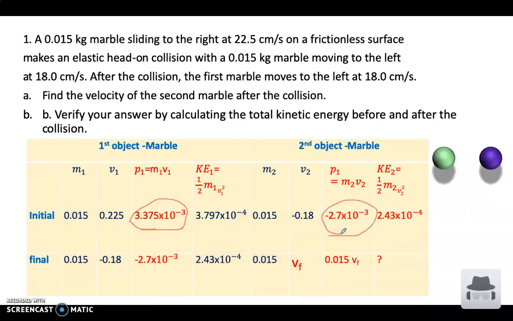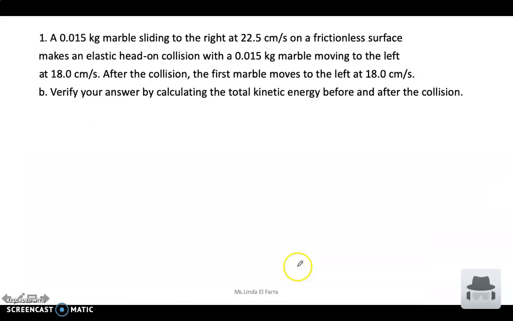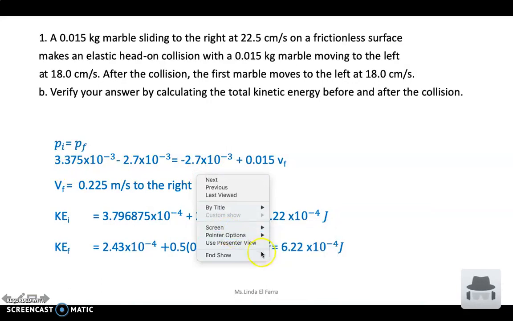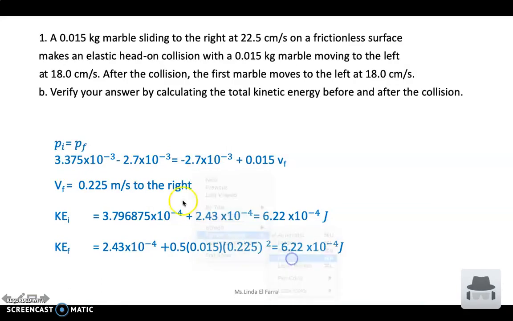I have to add them all. What is the final one? This is the final one, these two values. Since I don't have the velocity, I just multiply and write it as it is: 0.015 times V2 final. So this is initial equals final. I solve it. It's math, not physics anymore. And I need to find V2 final of the second object.